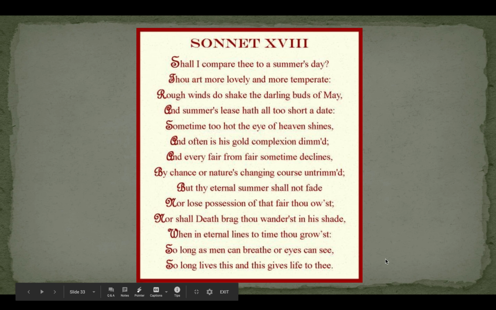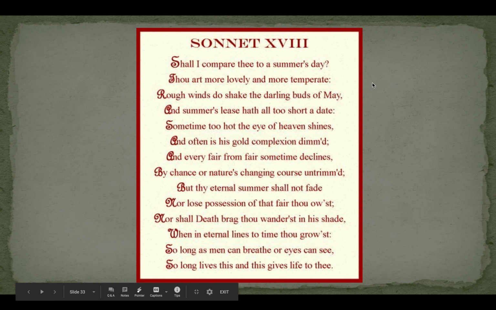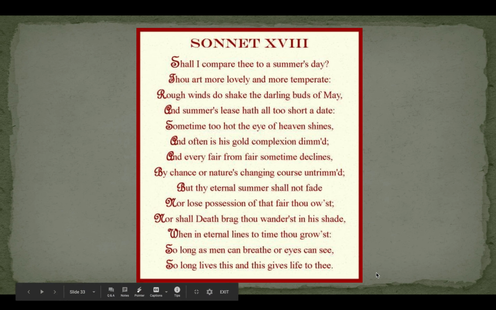So this poem, if we read it this way, could be more about how wonderful poetry is versus how wonderful the person is. Now the person is wonderful, but they'll die too, unless the poem lets them live on.